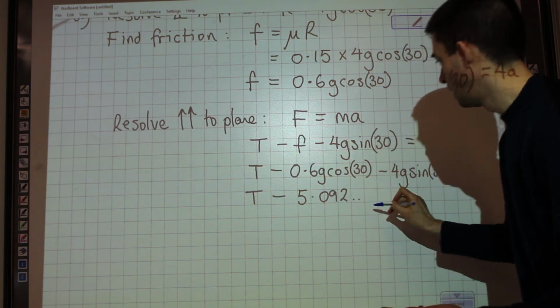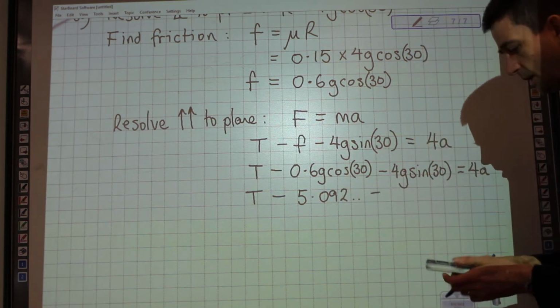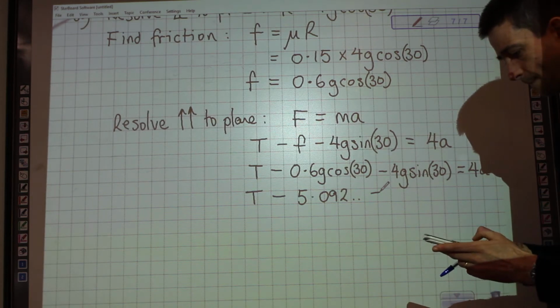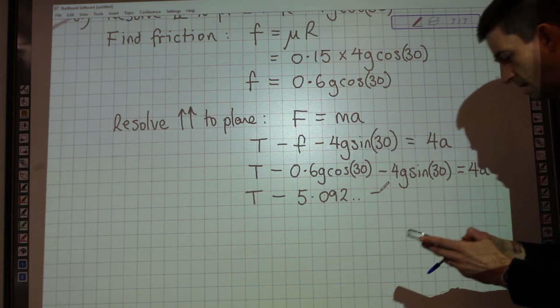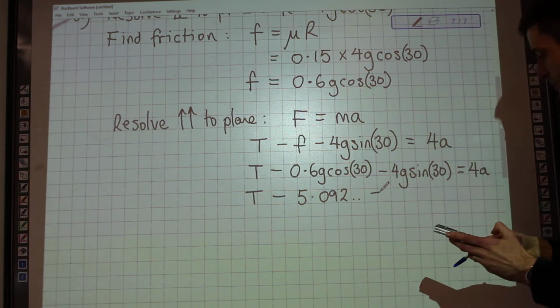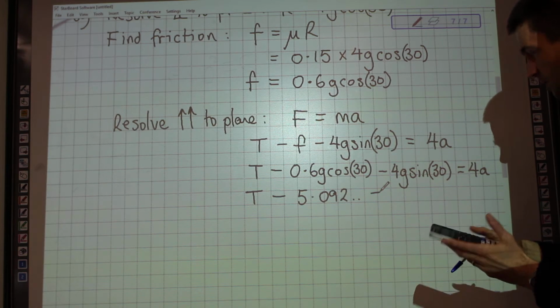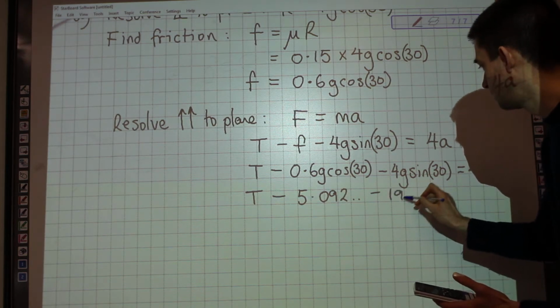5.092, and I'm going to keep that value in my calculator so I can use it later on. So I'm going to store that. Then I've got 4 times 9.8 times sine 30, which is 19.6.